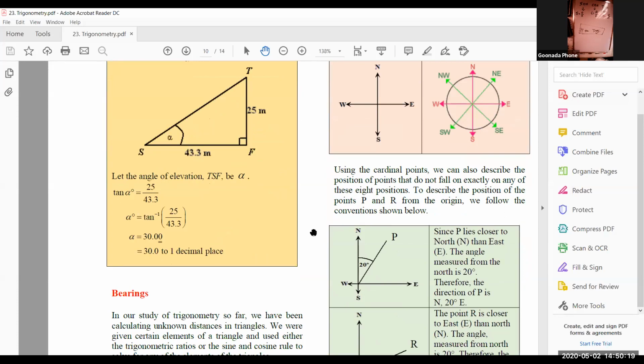Using the cardinal points, we can also describe the position of points that do not fall exactly on any of these 8 points. To describe the position of points P and R from the origin, we follow the conventions shown below.